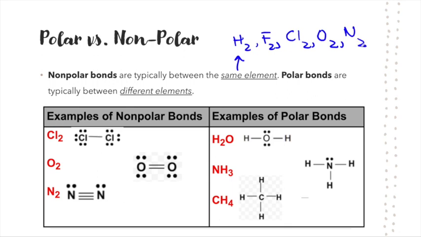This is not a hard rule, but it's most common between two of the same elements. While polar bonds are typically between different elements. You can see water is a polar bond. CH4 as well, and NH3, and so many more. So essentially the difference is between the same elements and different elements.